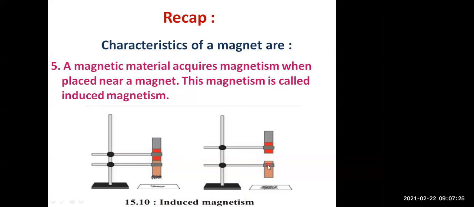Now, if you take an iron bar, a material made of iron, and on a stand you just place an iron bar. On the other clamp, you attach a bar magnet. Now see, the bar magnet and the iron are away from each other, and that is why they could not attract the iron filings.